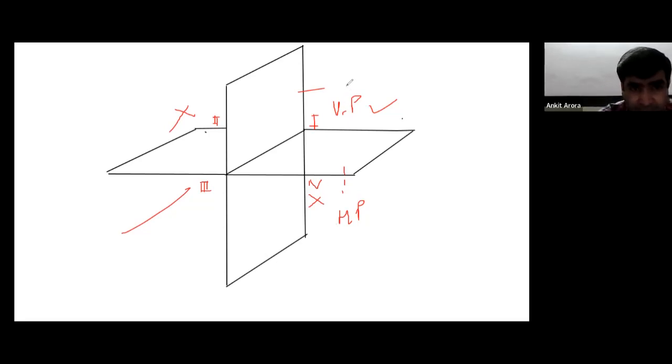The object mostly lies in this quadrant or this quadrant, and you have an observer visualizing this object in this direction. To see the elevation view, you see it from here, and to see the top view, you have to see it from here. And the side view will be this one, which ultimately falls on this vertical plane, which is nothing but your auxiliary plane, right?